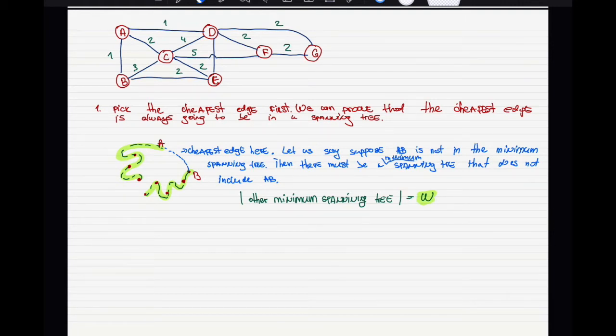Now, let's see what the cost of this new minimum spanning tree is. Okay, we said the edge AB is the cheapest. So we said that AB is the cheapest. What does that mean for every other edge in the tree?